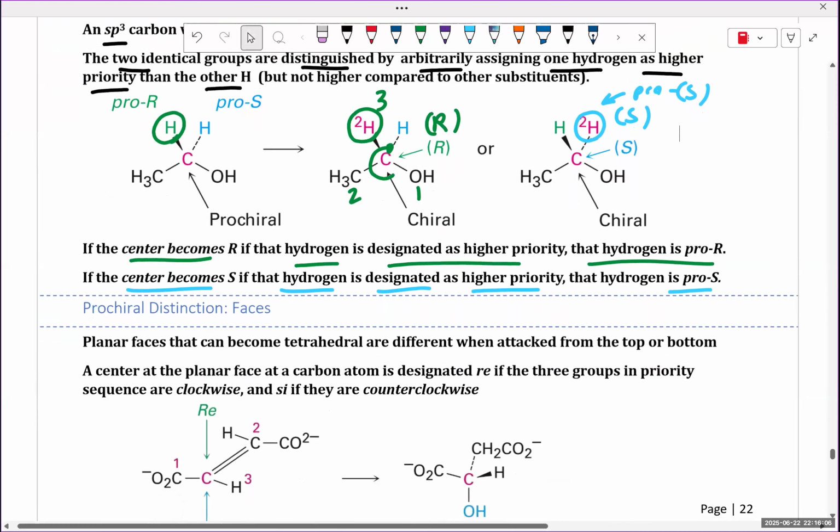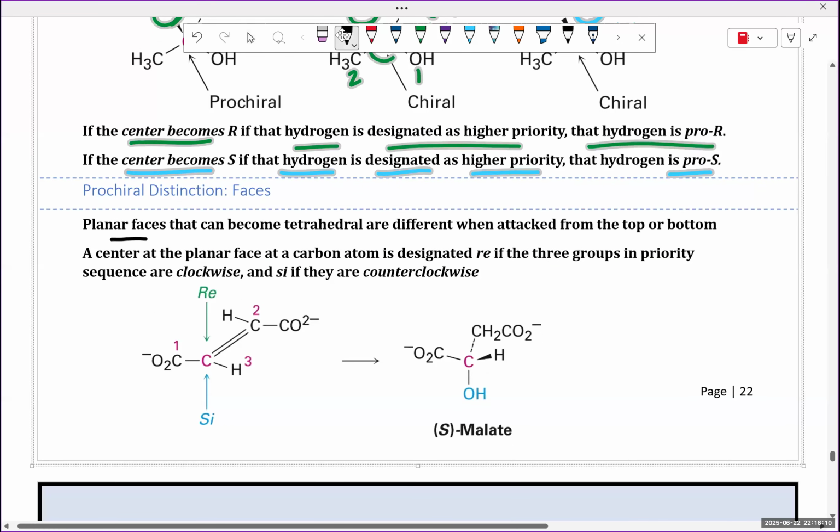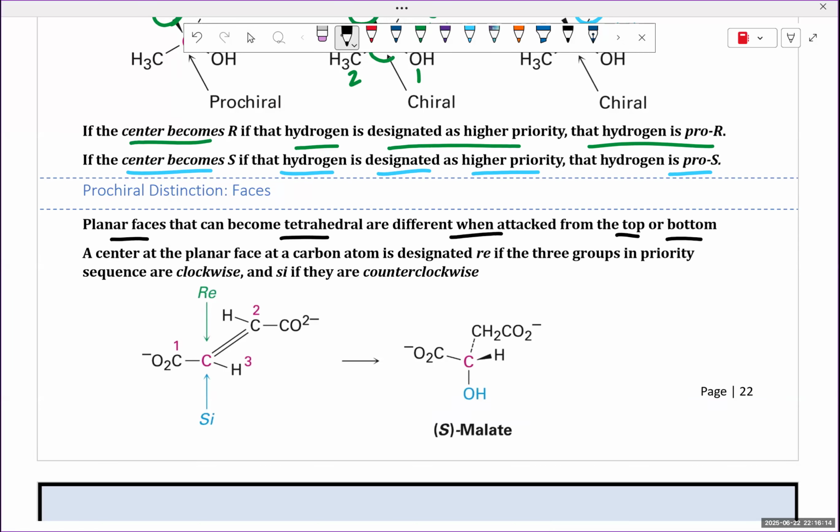A second prochiral distinction occurs for planar molecules. Planar faces that can become tetrahedral are different when attacked from the top or the bottom. A center at the planar face at a carbon atom is designated as the re face if three groups in priority sequence are clockwise.